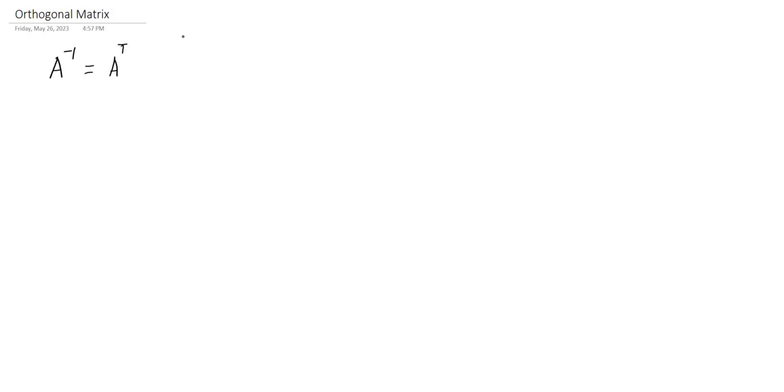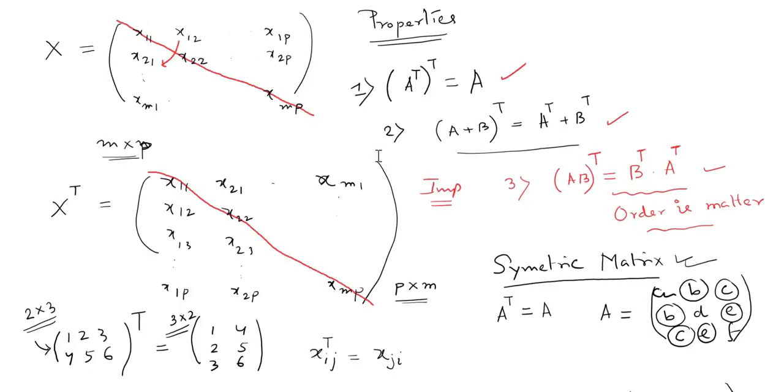I think by this time you are familiar with the inverse matrix and transpose matrix, if you are following my channel. We covered inverse matrix: very simply, a 2 by 3 becomes a 3 by 2 kind of thing.